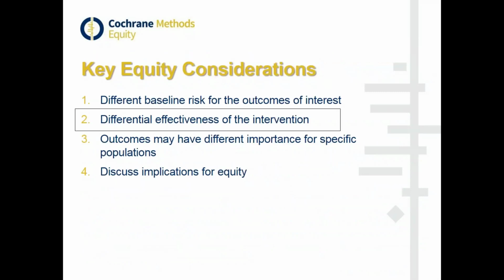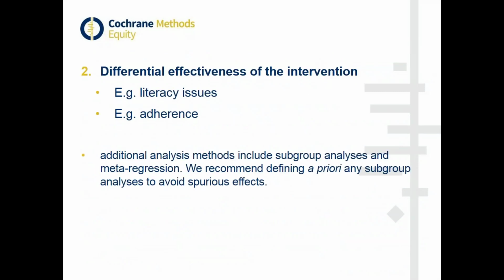The next key equity consideration is about differential effectiveness. So this would mean things that could change the effectiveness of the intervention based on the population subgroups. So things like literacy issues or adherence or lots of other reasons for differences in effectiveness.